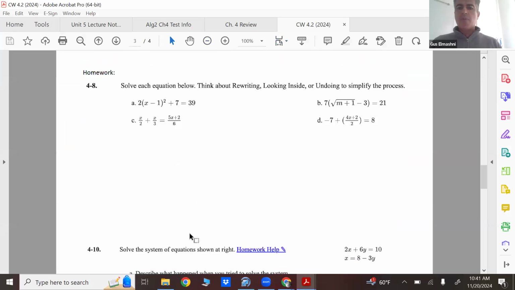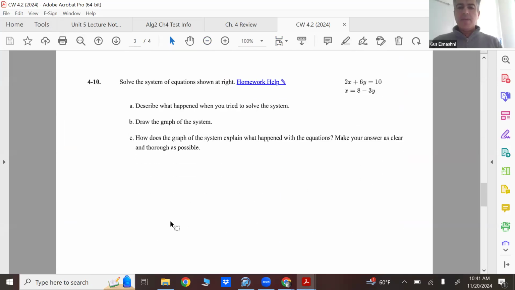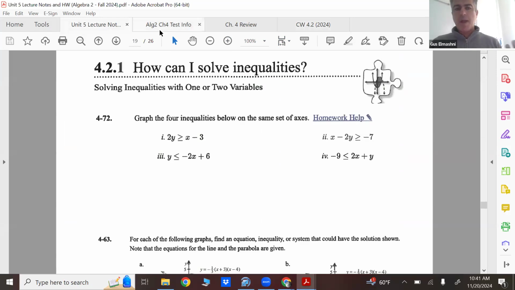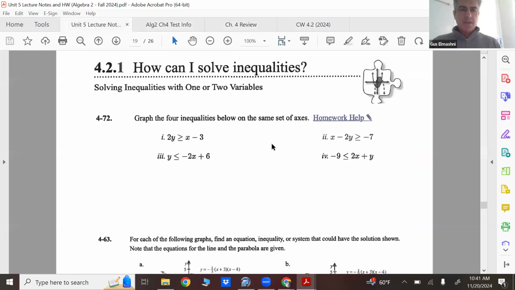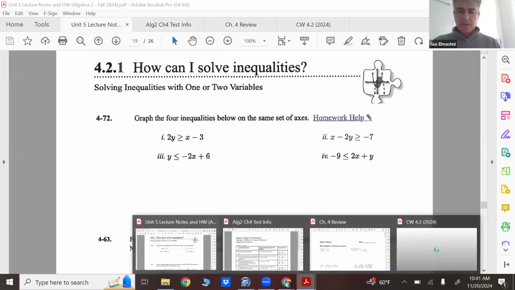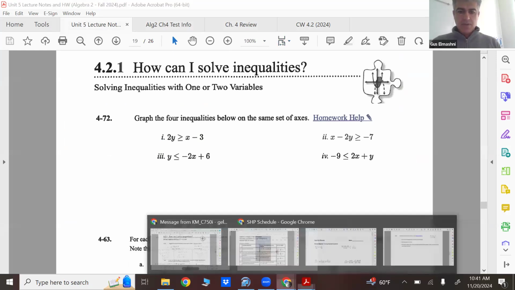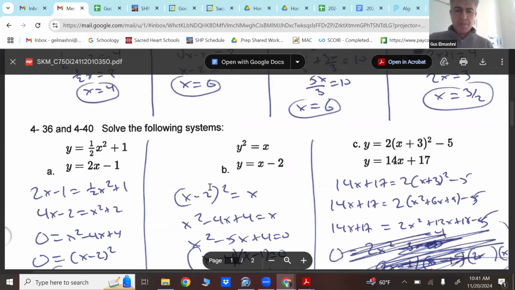Yeah, that's when we start talking about rewriting, looking inside, undoing. So we talk about all this stuff. So yeah, this is totally from 2 homeworks ago, but the current homework brought it back. So hopefully that's okay. And why can I not find my solution key? Oh, it's under here. Okay, let's keep going.